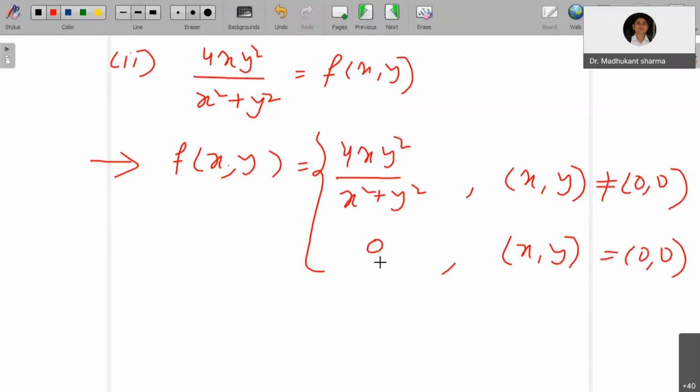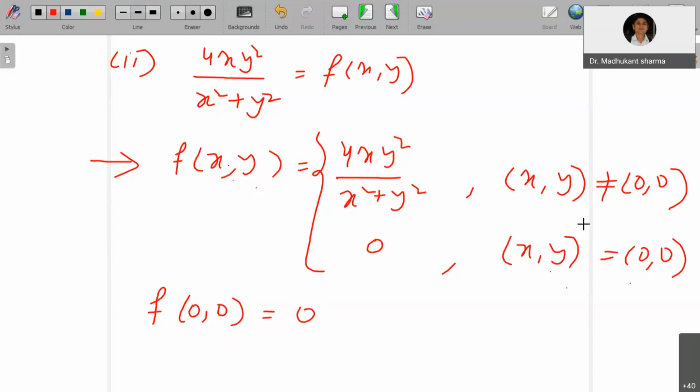Now, just now we have verified that this definition gives you f at (0, 0) is 0. I have forcefully defined that at (0, 0), the value of f is 0.